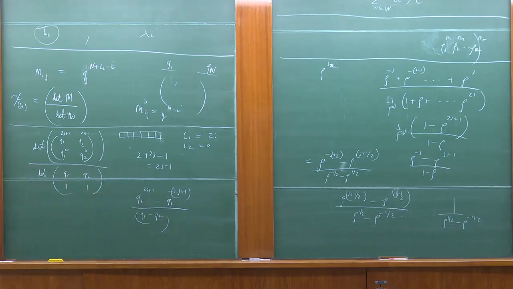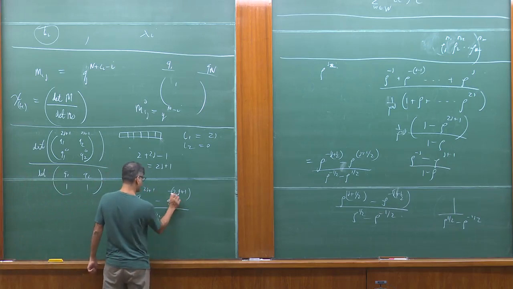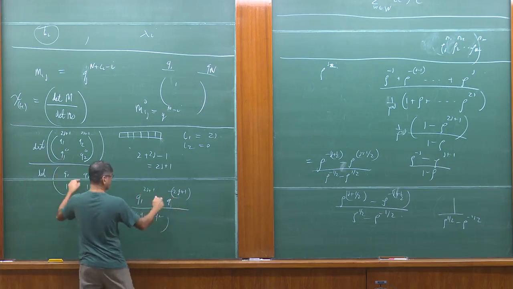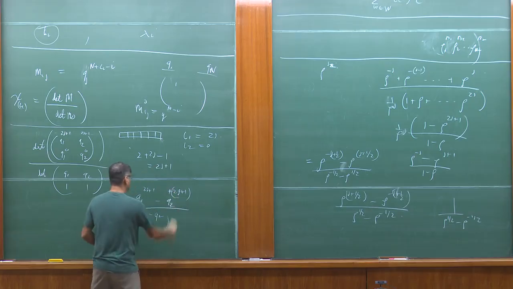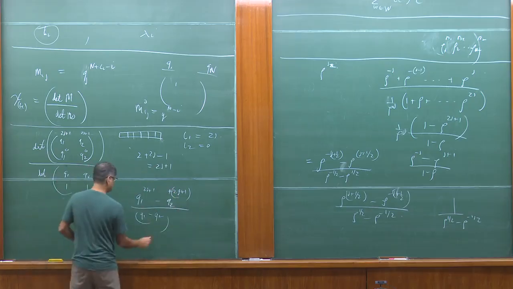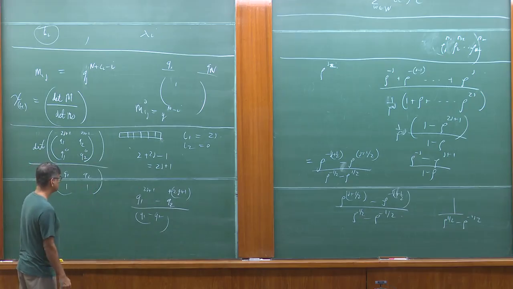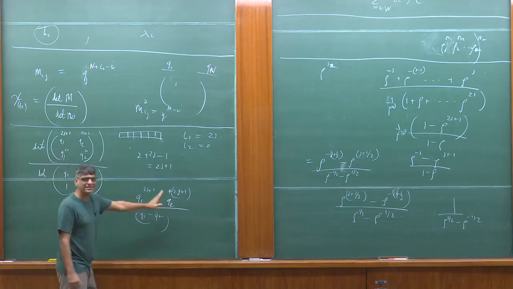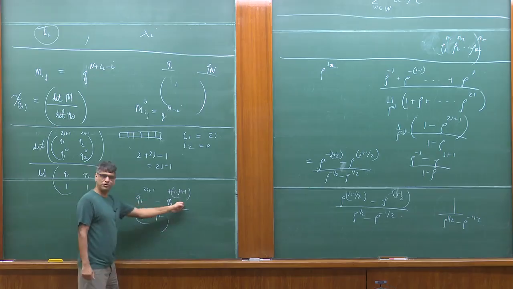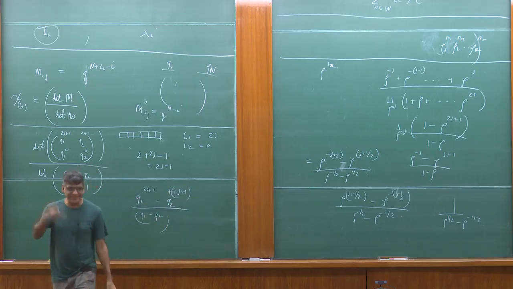At the moment I've not set Q1 and Q2 equal, just Q1, Q2. Then we set Q2 equals 1 by Q1, okay?